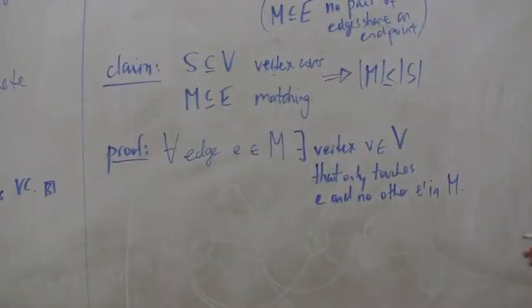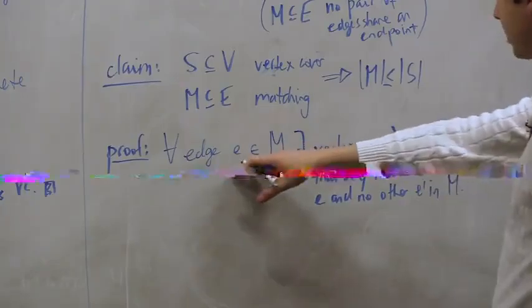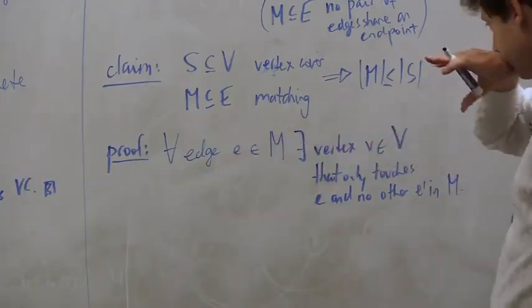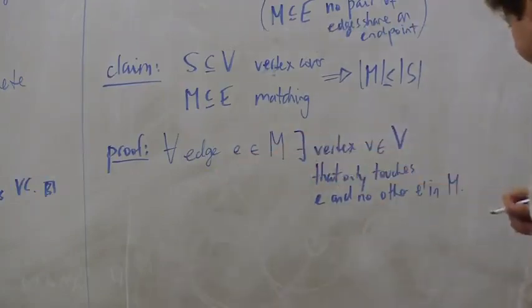Because a vertex cover touches every edge. So in particular, I can just look at one of the endpoints of this edge.